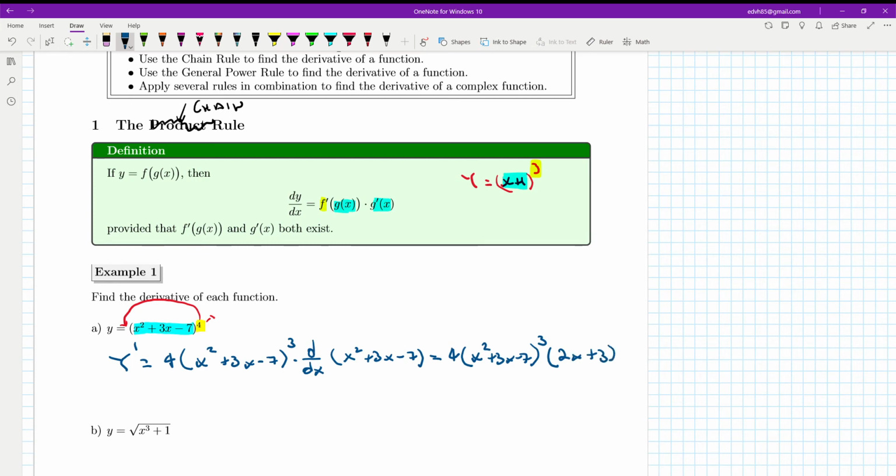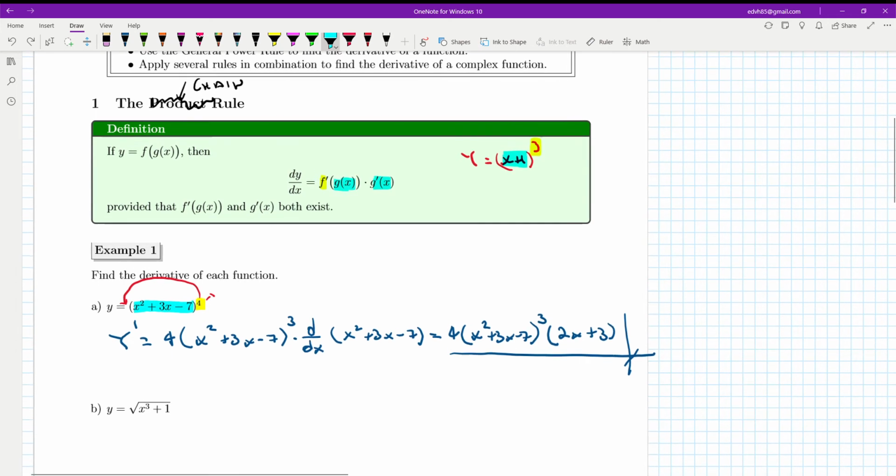In this case, you don't have to simplify any further. Think of having to write this expression and FOIL it 3 times, and then on top of that multiply by 2x plus 3 each of the terms. No need to do that, and that's simply what we do.